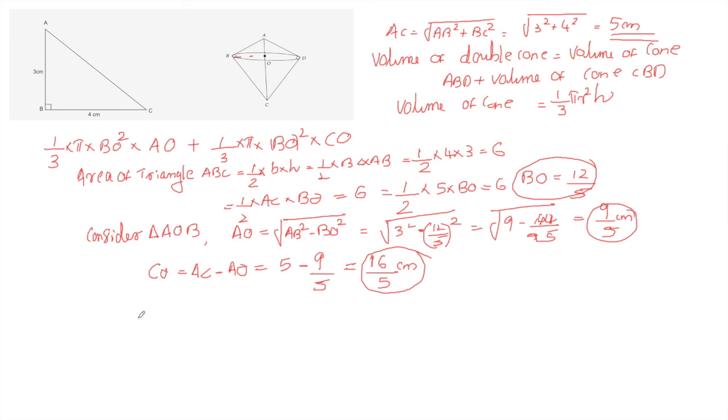Now the volume is 1 by 3 pi into BO square, BO square means 12 by 5 the whole square, into AO, AO is 9 by 5, plus 1 by 3 into pi into BO square, 12 by 5 the whole square, into CO, 16 by 5.